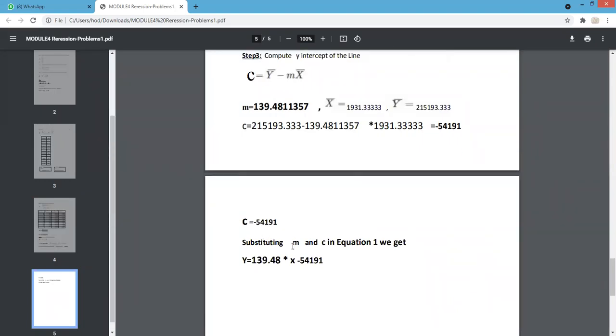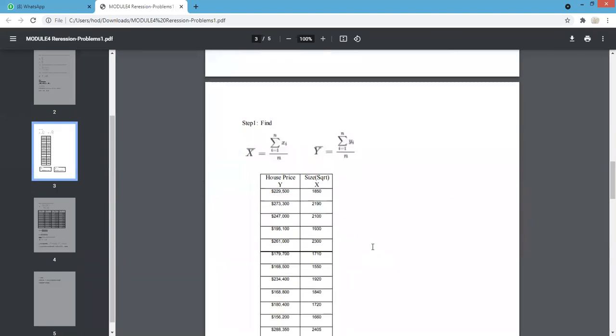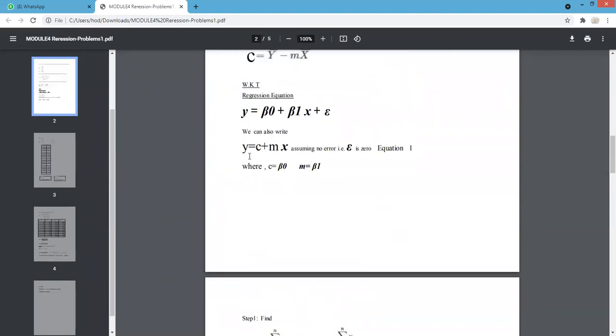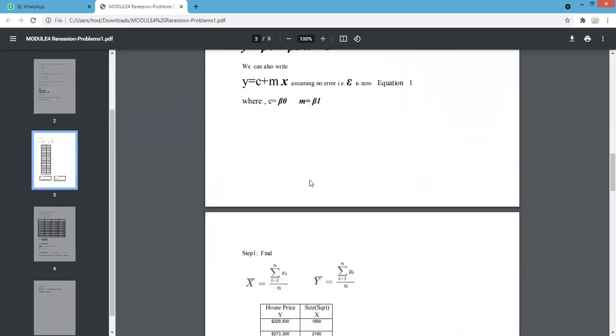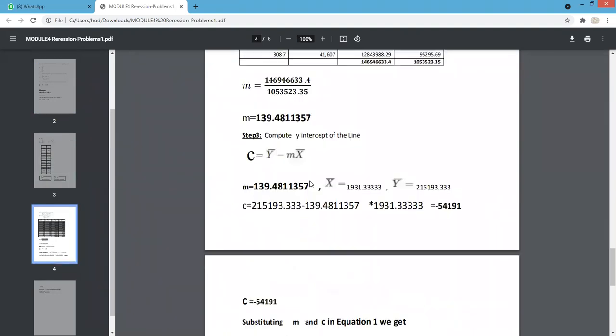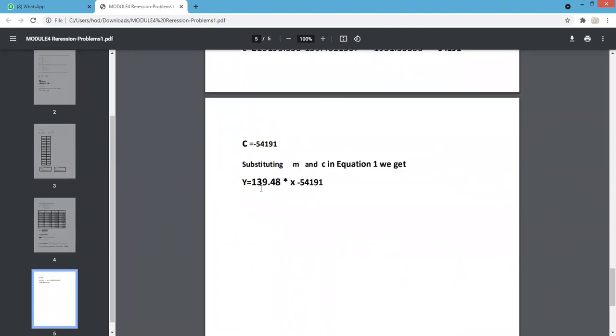Now substituting m and c in equation 1, which is y is equal to c plus mx, we get 139.48 into x plus c. The c value is minus 54191. So when we substitute, we get 139.48x minus 54191. This is the equation we have obtained.